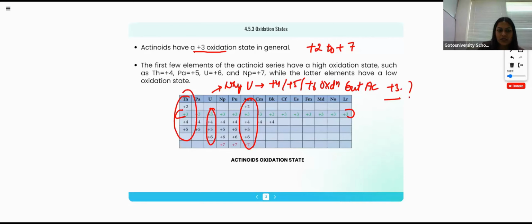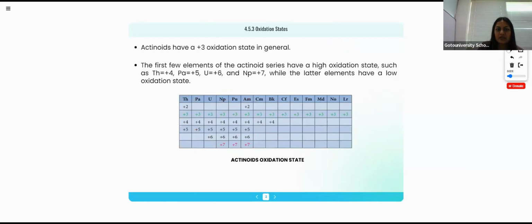So by gaining or losing an electron, being a good oxidizing agent or a good reducing agent, their oxidation state varies, as we did in the lanthanoids.